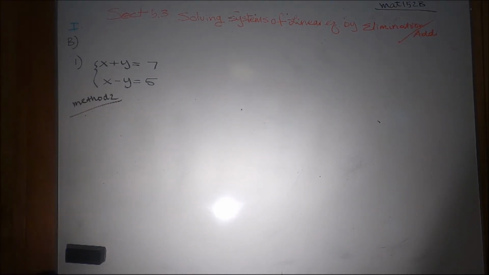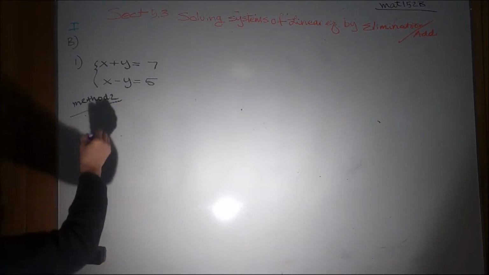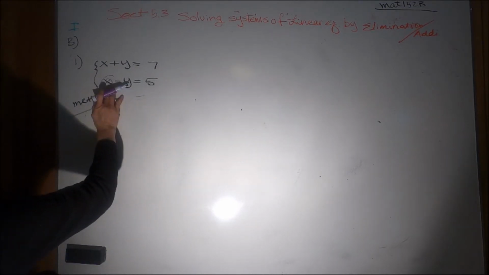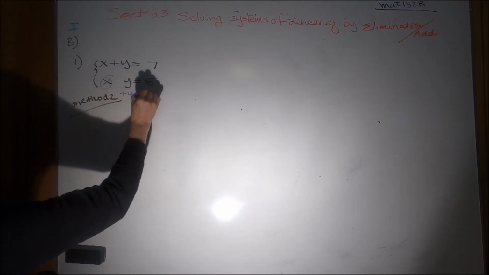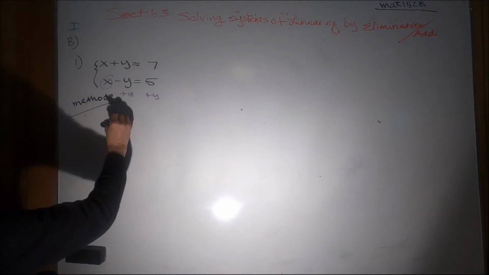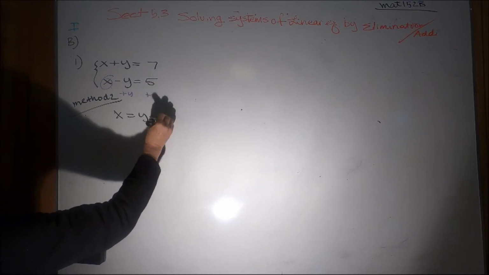Using substitution, we get a variable by itself first. So if we do that, x by itself, I add y, then what do I have? x equals y plus 5, right?